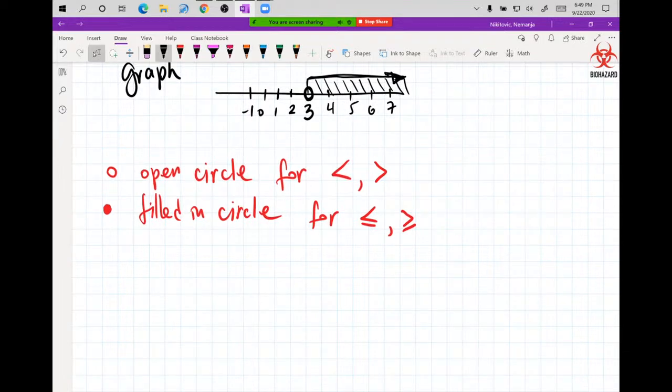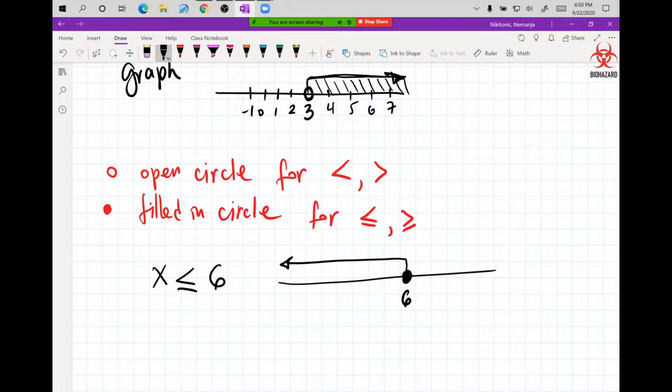So now if I say x less than or equal to 6, in this case you would find where your 6 is, and then you would shade all numbers smaller than 6, because I want all x's smaller than 6. And because I also want the equal, I close that circle because there is equal there.